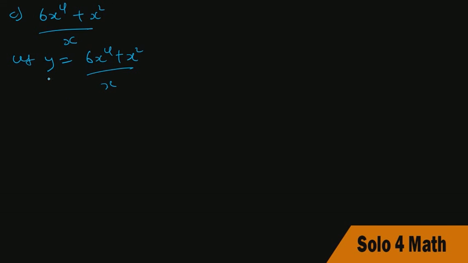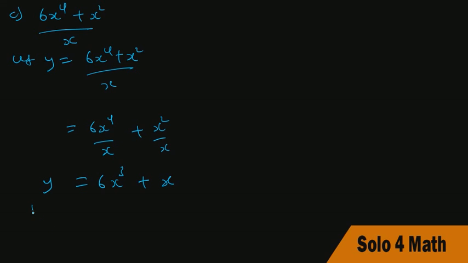So we express this function in terms of the powers of x. You see x is dividing everything, so we can divide each term by x. This one will give us 6x to power 3. Then using indices, this one will remain x, so we have y as that.